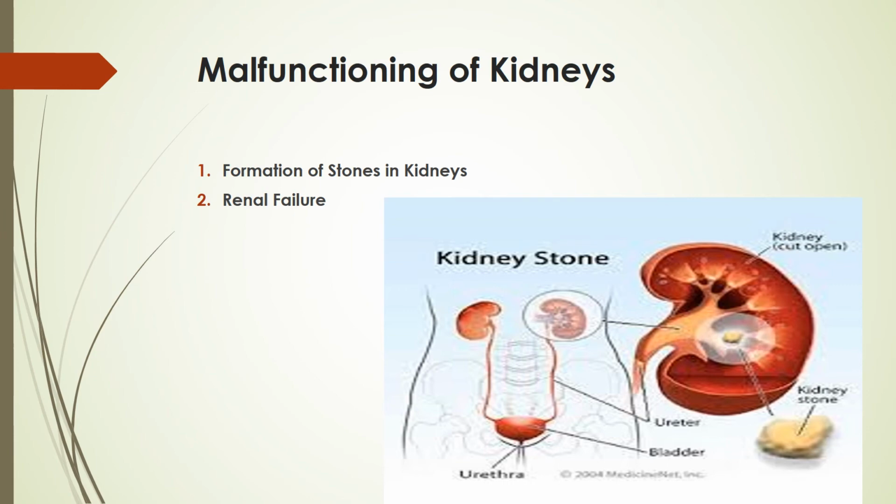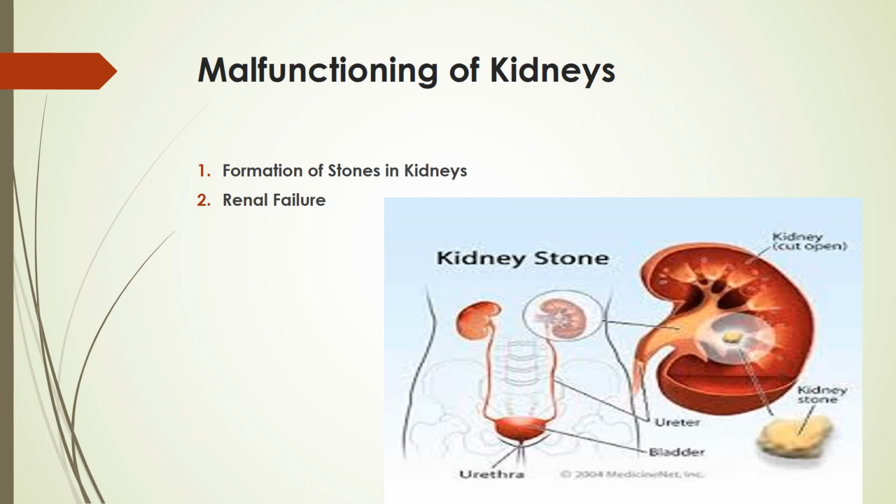Here we will discuss two malfunctioning of the kidney, formation of the stone in the kidney, and next is renal failure. Formation of the stone in the kidney. How the stones form in kidneys. Sometimes the kidneys cannot work efficiently, that is, to remove the nitrogenous waste or salt from the blood. In such situation, the salt accumulates in the kidney and forms the stones.